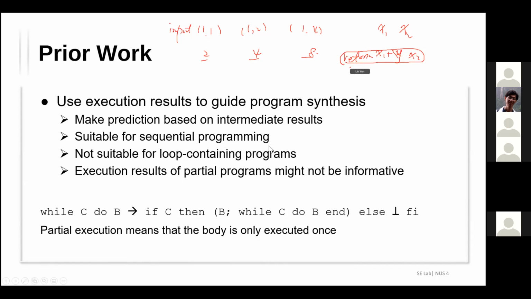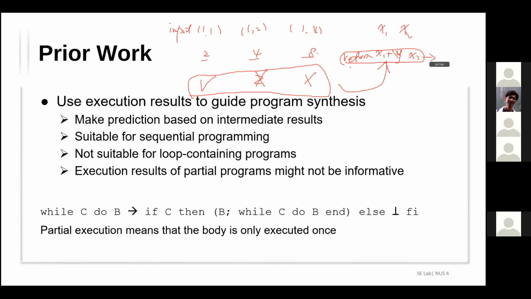Return x1, right? Correct. So in this case, we know that the first test passes, right? And the second and the third will fail. This kind of feedback provides some information for us to keep improving.